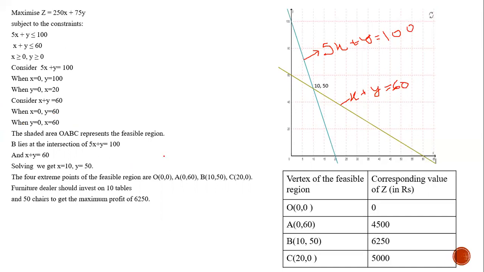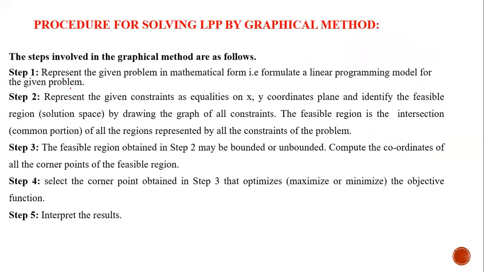According to step 3, let us see the feasible region. As we stated in the procedure, the feasible region is the intersection, or you can also call it the common portion, of all regions represented by the constraints of the problem.